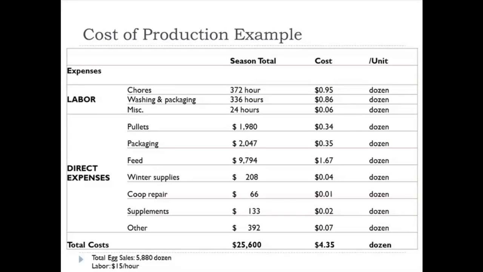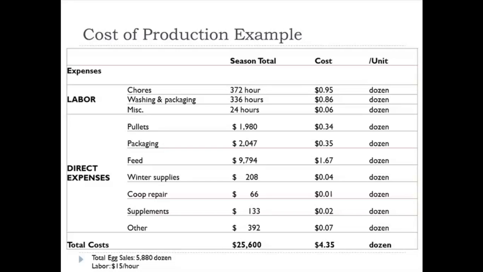So here's an example of an egg farmer or egg producer. At the end of the season, they went through their labor tracking worksheet and they saw that they had spent 372 hours on various chores, feeding, etc. They spent 336 hours on washing and packaging the eggs and 24 hours on miscellaneous tasks.